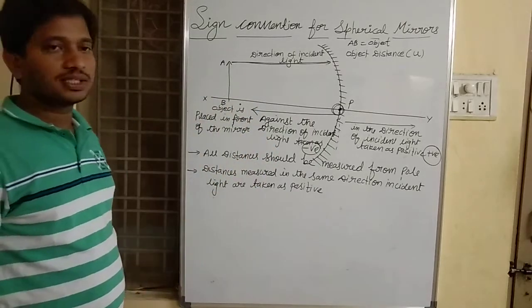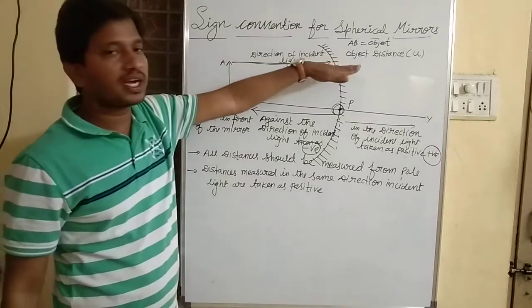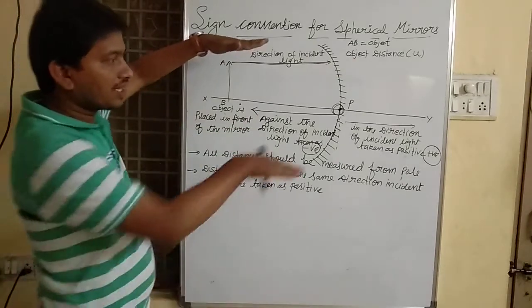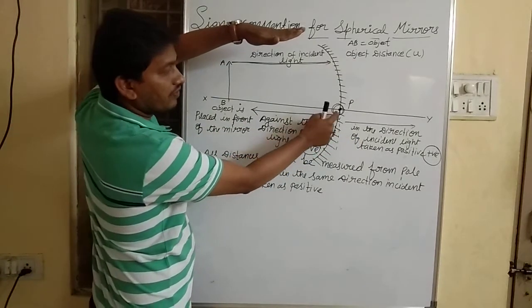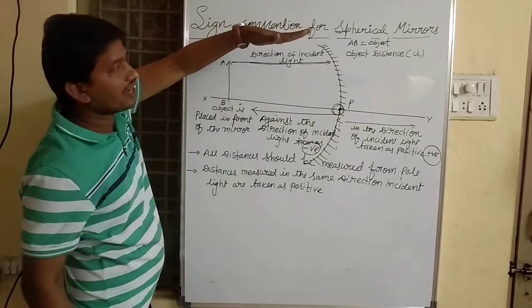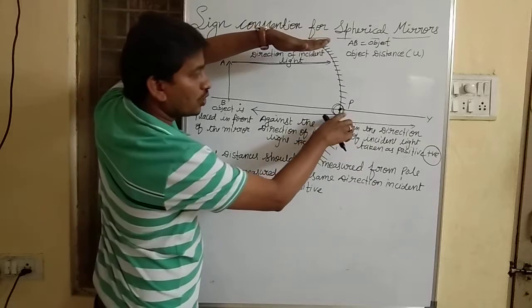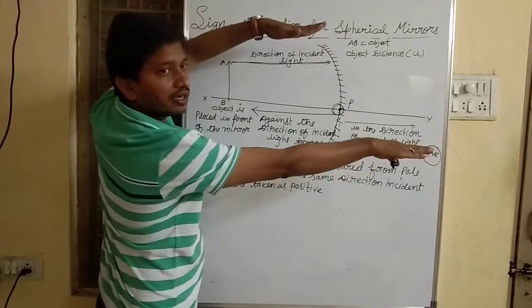And the second point is distances measured in the same direction of incident light. We have to measure from the pole. My left hand side is the direction of incident light, and I am measuring from the pole toward my right hand side, in the same direction as the incident light.